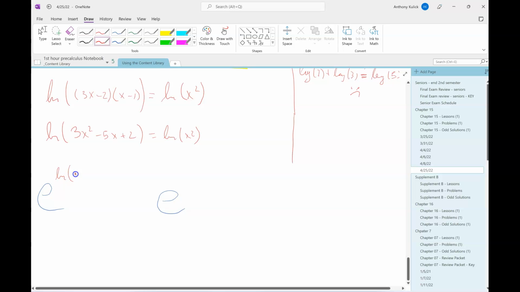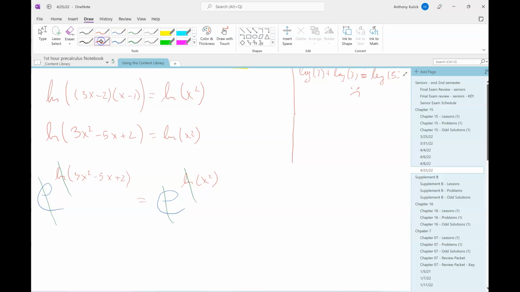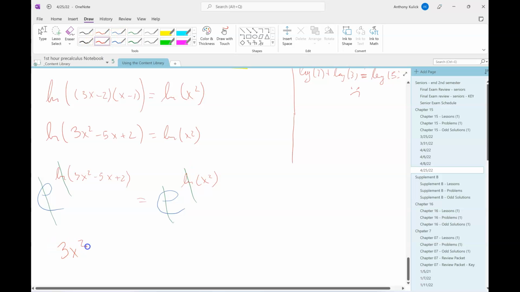And again, I write it really big and exaggerated so that hopefully it's super clear that I'm not multiplying here. So what does that do? Gives me 3x squared minus 5x plus 2 equals x squared.